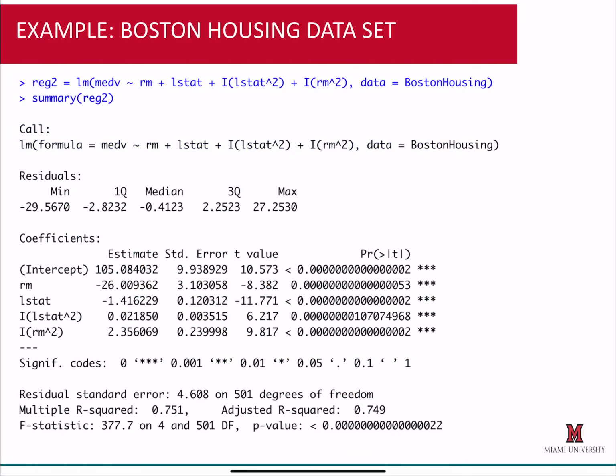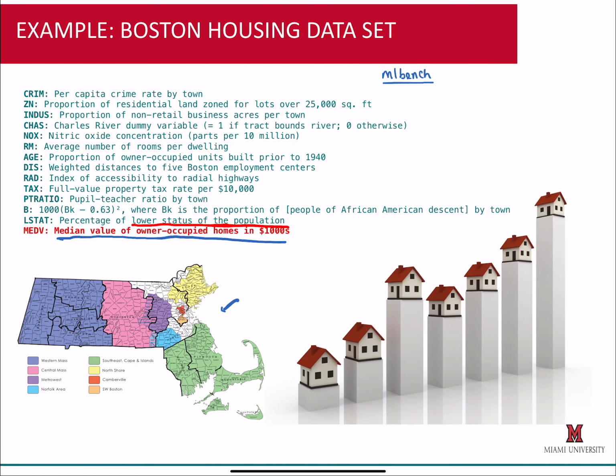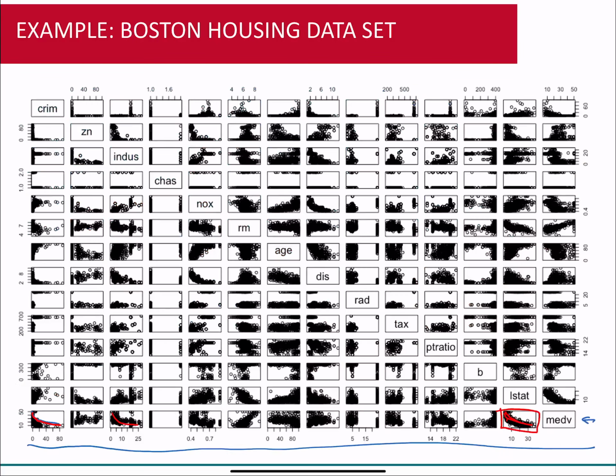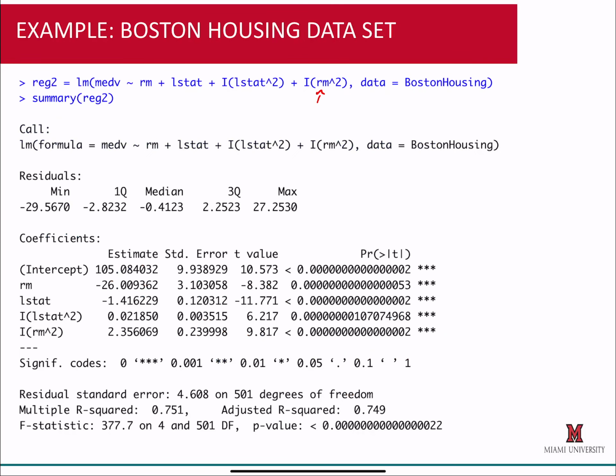Okay, so in terms of adding, let's say we want to look at the number of rooms. This is another variable, the average number of rooms per dwelling. So including that extra variable, let's suppose that we want to have this new model, which would be the estimate of median value.